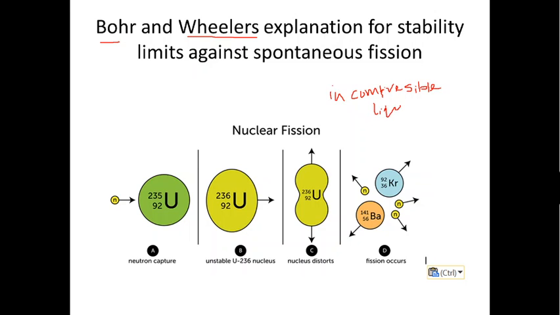So they consider the nucleus to be an incompressible liquid where the shape can change, but the volume of the drop does not change. Now the idea is that a liquid drop undergoing fission goes through various stages.